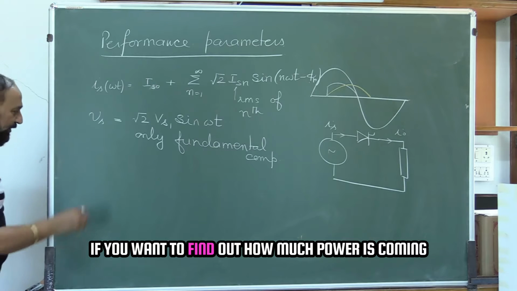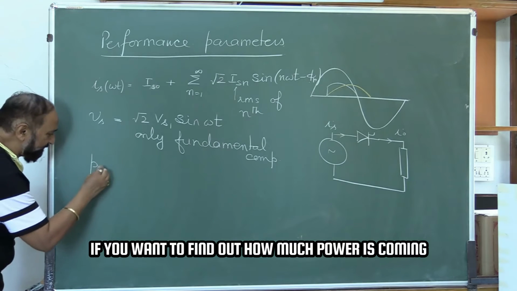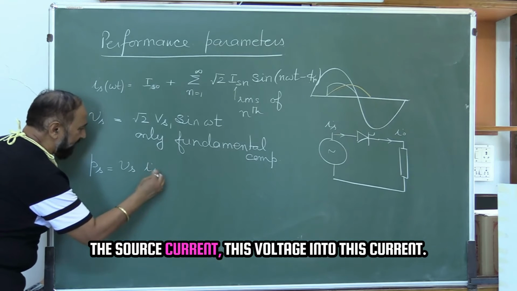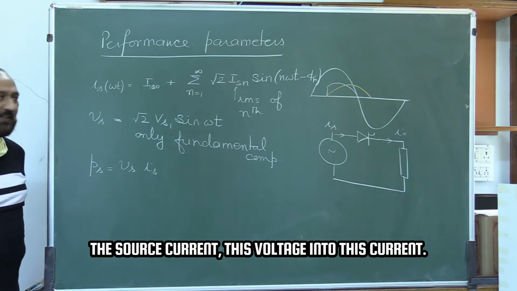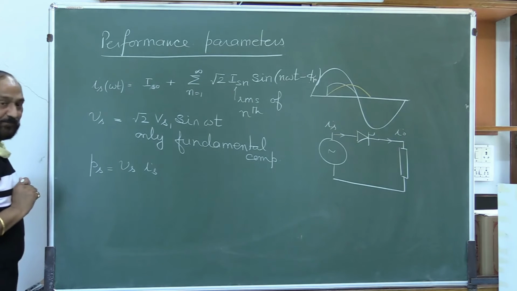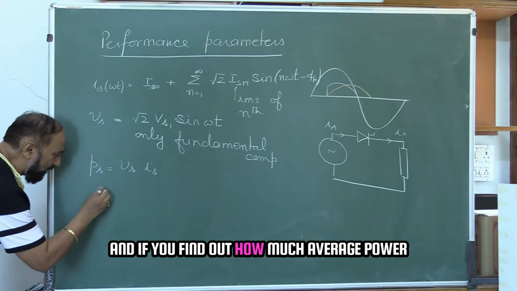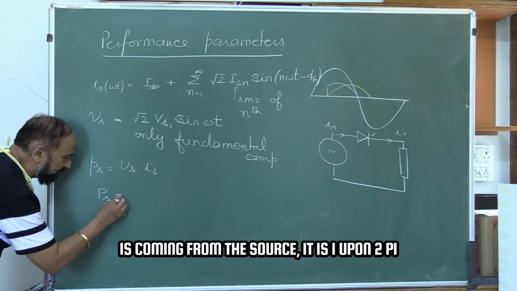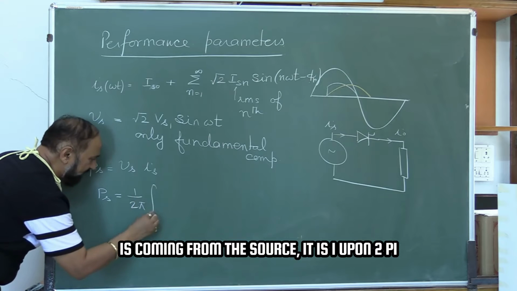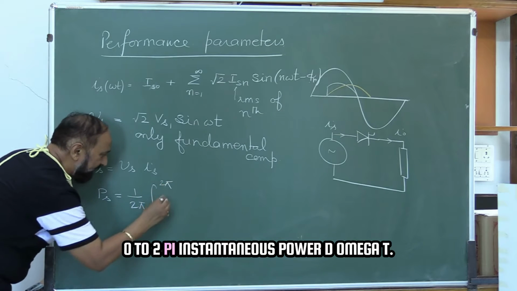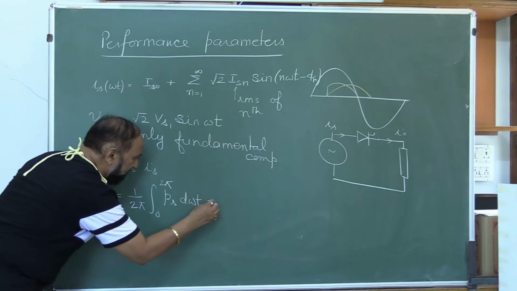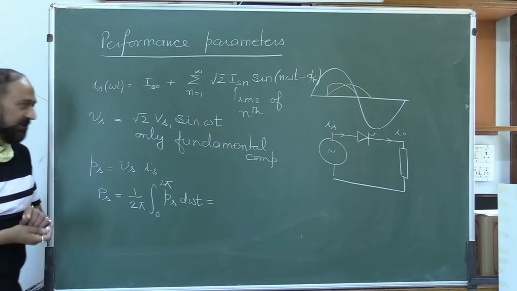If you want to find out how much power is coming from the source, it is the source voltage into the source current. This voltage into this current. And if you find out how much average power is coming from the source, it is 1 upon 2 pi, integral from 0 to 2 pi of the instantaneous power d omega t.